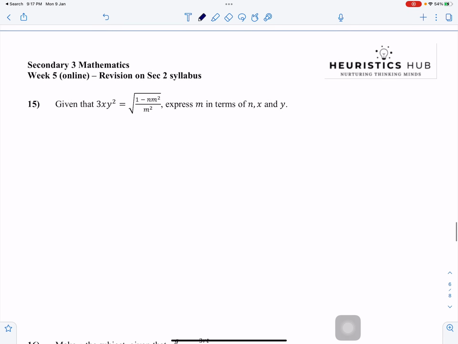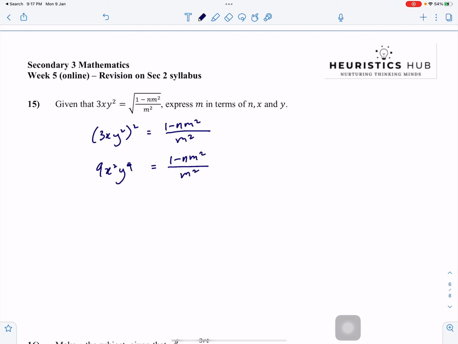Question number 15 is the same thing. Express m in terms of n, x and y. So what you need to do over here is bring the square root over, and it becomes a square on the other side. And everything is being squared, including the 3. And then move on to the next one.